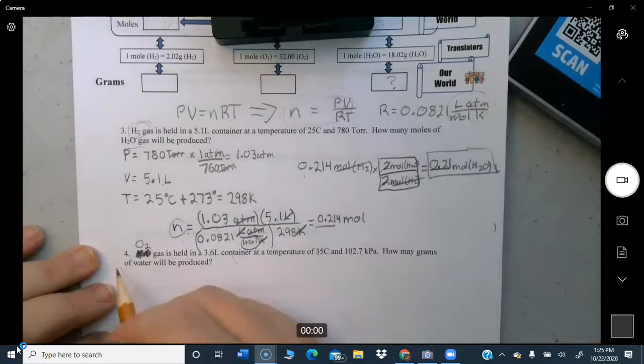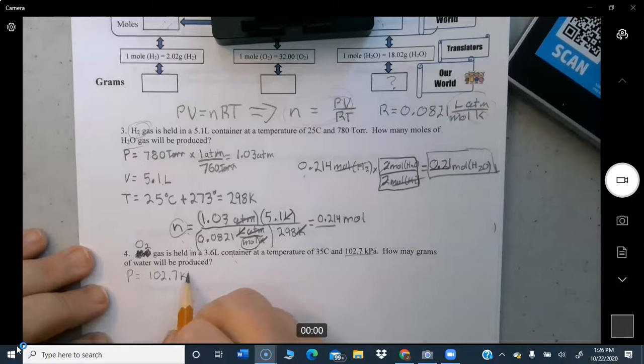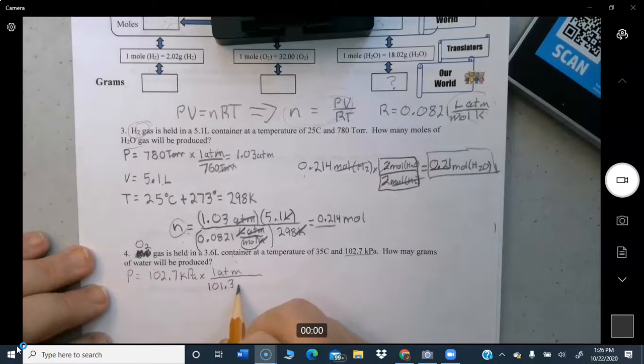Okay, so go ahead and line up your variables. It's the best way to do it. Over on the left, pressure equals 102.7 kilopascals. And you need to make a conversion to atmospheres. So 1 atmosphere for every 101.3 kilopascals.